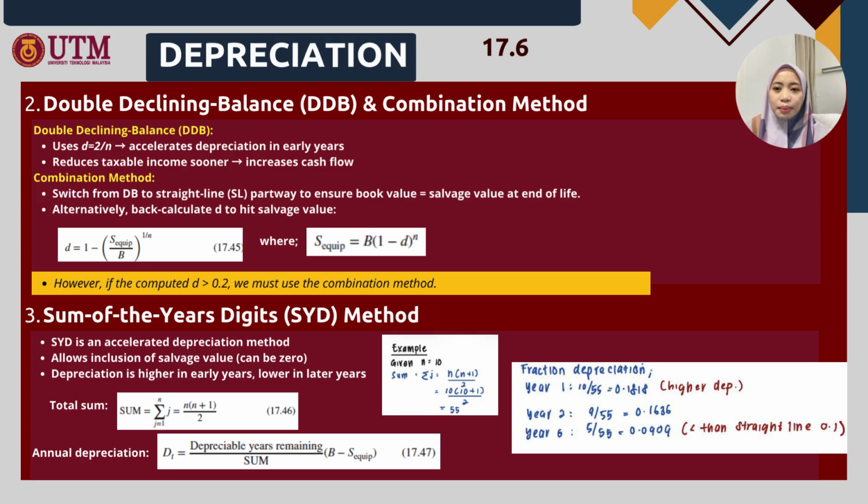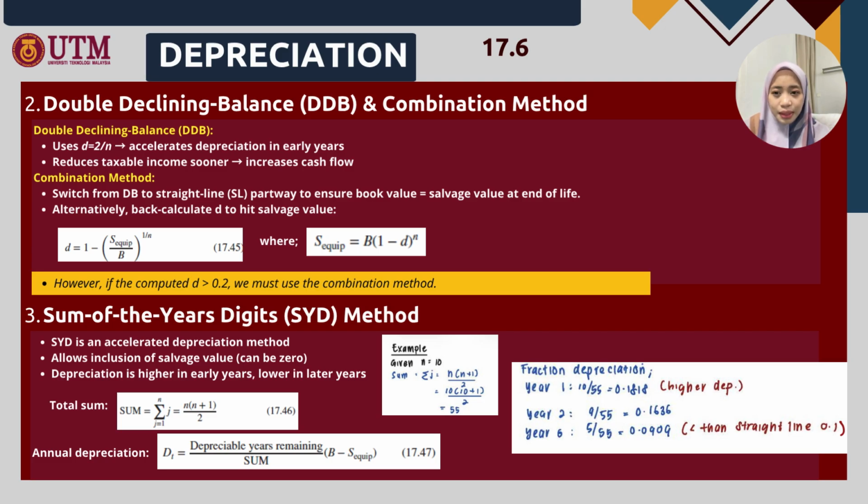Next, the sum of the year's digits, or SYD method, is an accelerated depreciation method where more depreciation is taken in the early years and less in the later years. It is very useful because it can include a salvage value, even 0. However, its acceleration is not as fast as the double declining method.